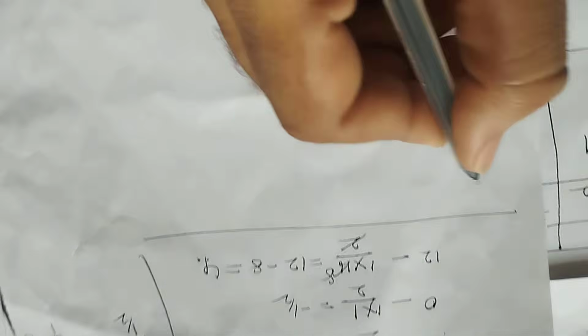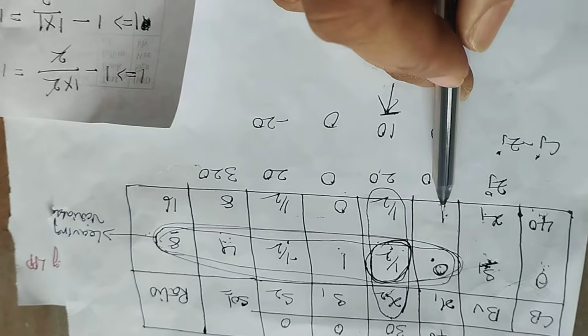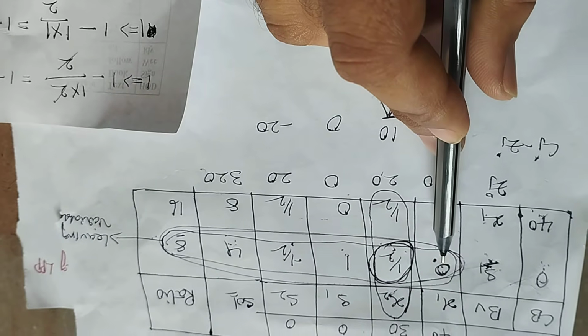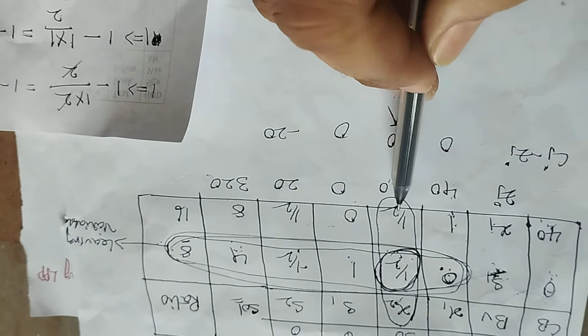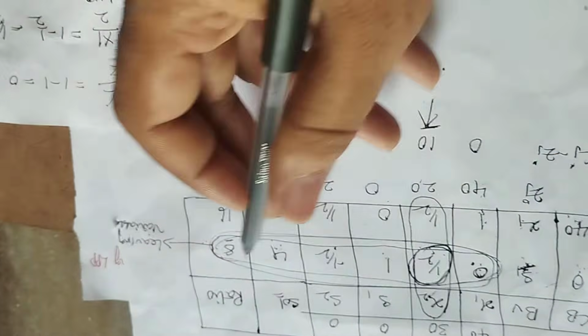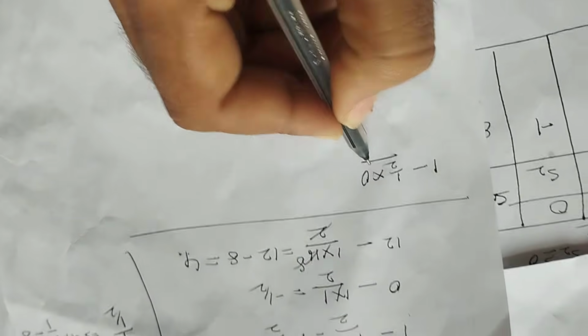That is equal to 1 minus the corresponding key column value, which is 1 by 2, into the corresponding key row value, which is 0, divided by the key element 1 by 2.